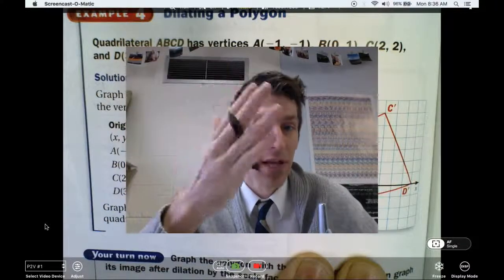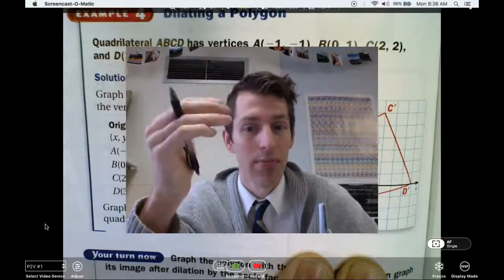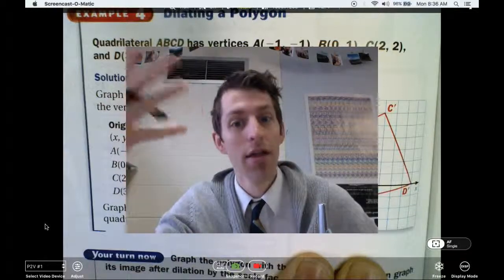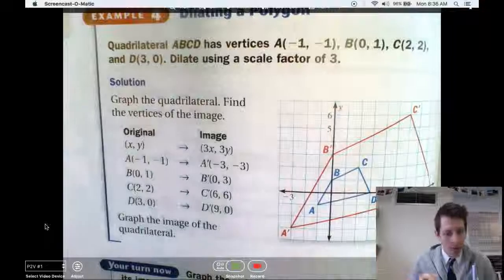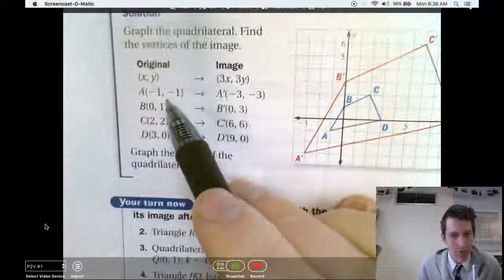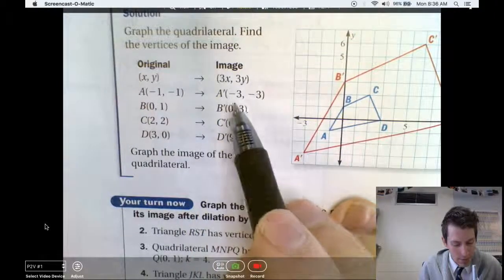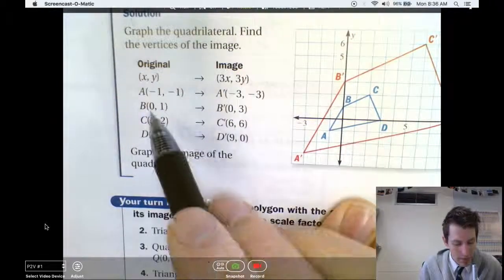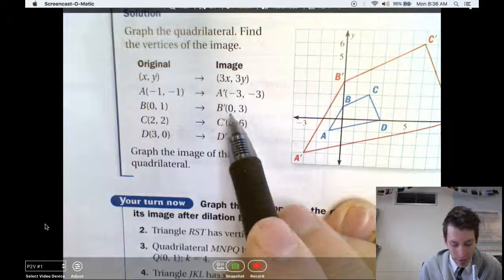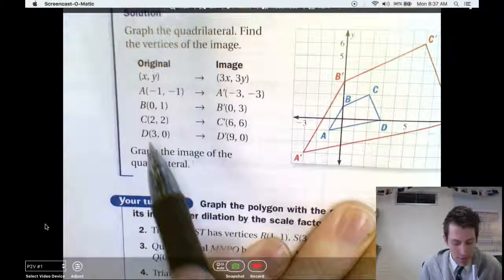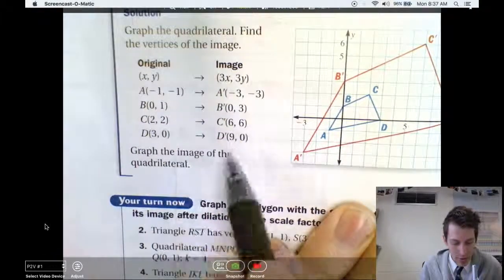K times the x coordinate, k times the y coordinate. K in this case being 3. So, they list the original vertices and they multiply each one by 3. So -1 becomes -3. -1, -3. 0 times 3 is still 0. 1 times 3 is 3. 2 times 3 is 6, and so on and so forth.